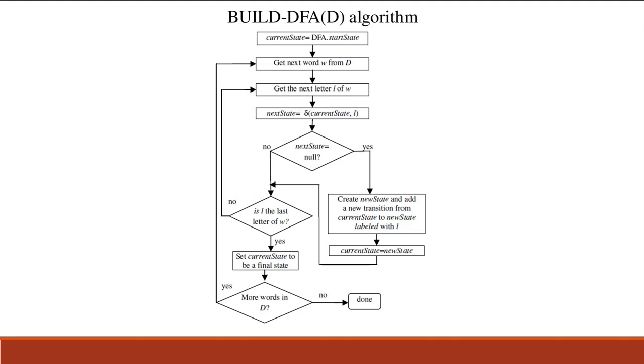Then we check if L is the last letter of W, or if the next state is not null, we directly check if L is the last letter of W. If it's not the last letter of W, then we start again at getting the next letter L of W. If it is the last letter of W, then we set the current state to be the final state. And if there are more words in D, then we start again to get the next word W from D. If not, then we are done.